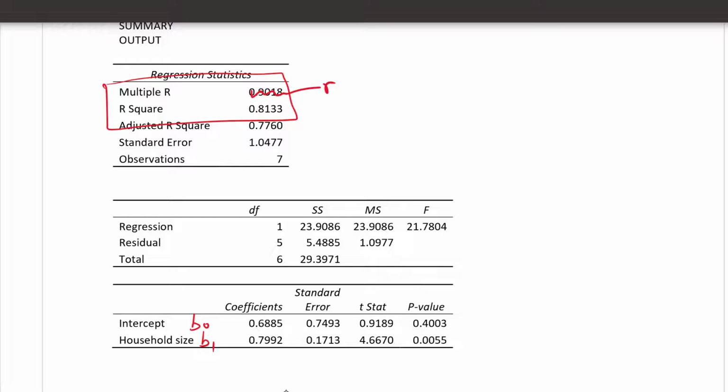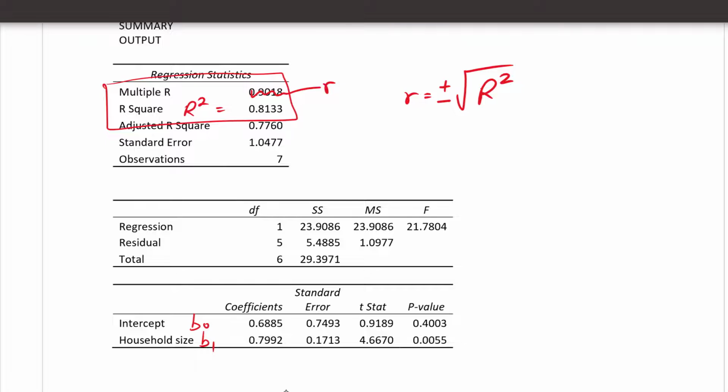It's easy to find because this is R squared here. To find R, we can just take the square root of R squared. However, when you take the square root of a positive number, the result could be a plus or minus value. So if R is not given, we could get a plus or minus value for R when we take the square root of R squared.